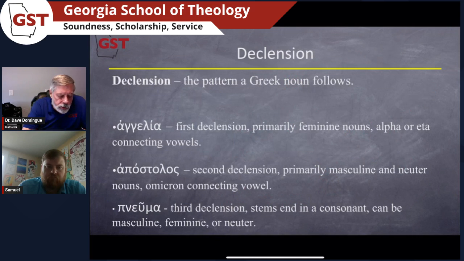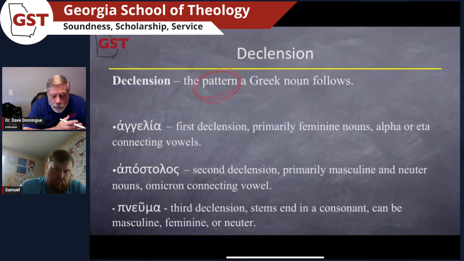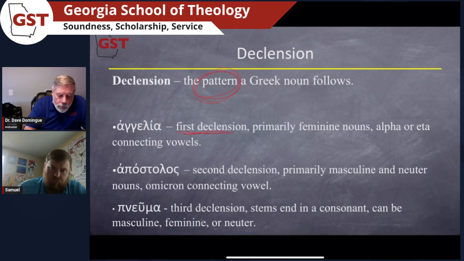So declensions can be a little confusing for people, but I've looked at it this way. Declensions are nothing more than a pattern. That's really important. There are really three main patterns in nouns: first declension, second declension, third declension. The first declension is pretty straightforward. This is part of your noun rule number one: primarily feminine nouns.